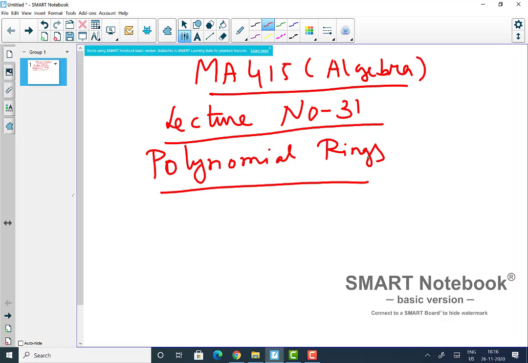So we already have an idea about these polynomial rings, and we have described the sum and product. Let me just briefly recall. We have R, the integral domain.